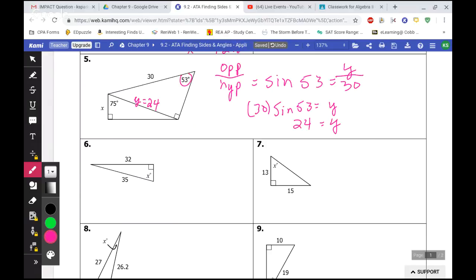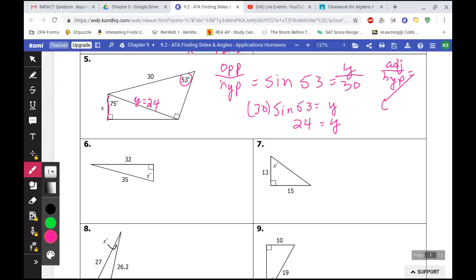So I've got the adjacent side in this smaller triangle, and I've got the hypotenuse. So which trig ratio is that one? Cosine.